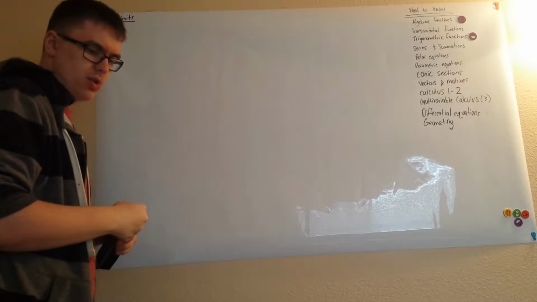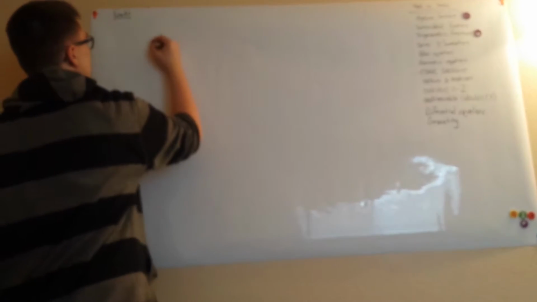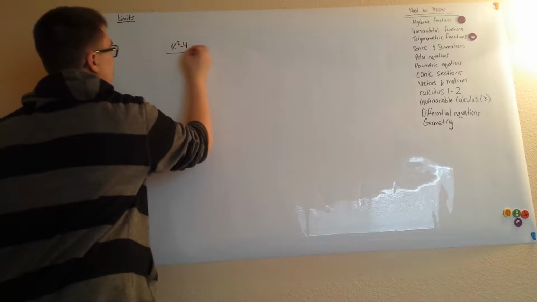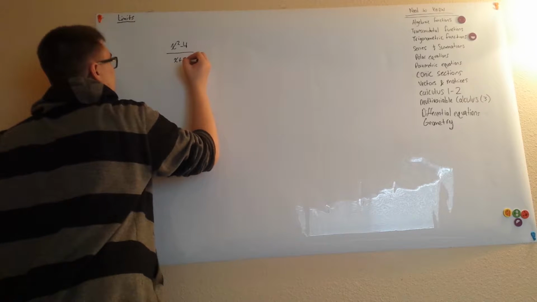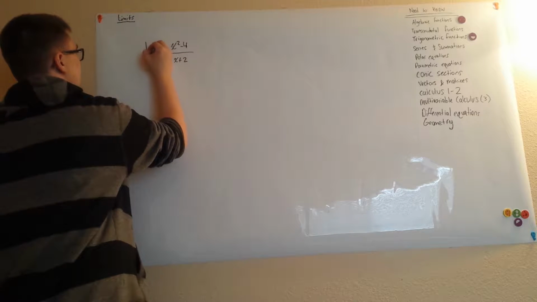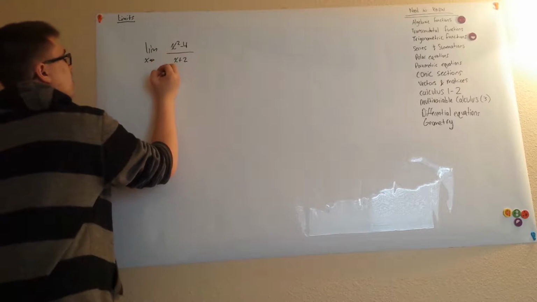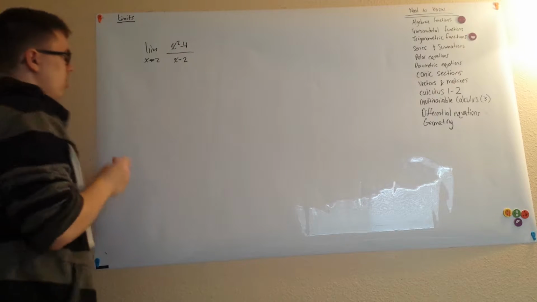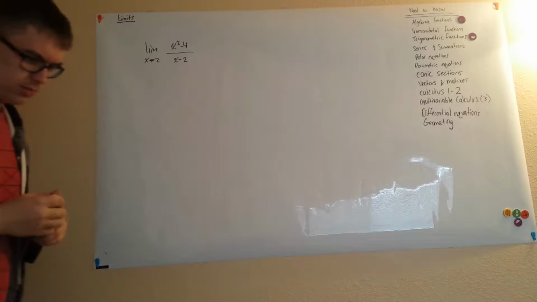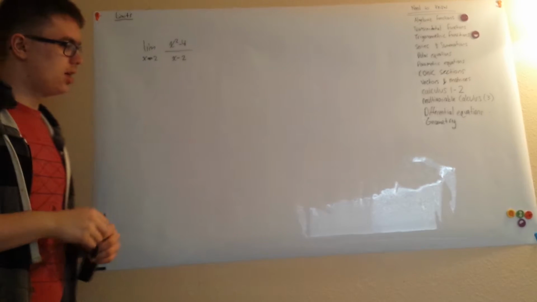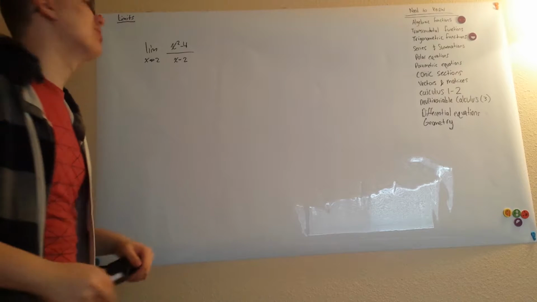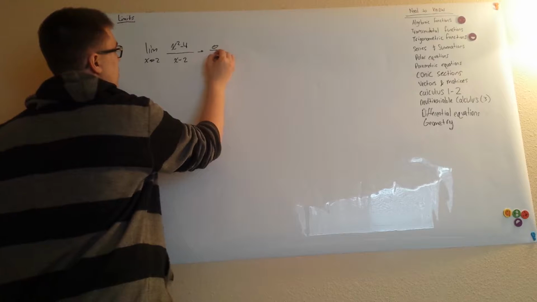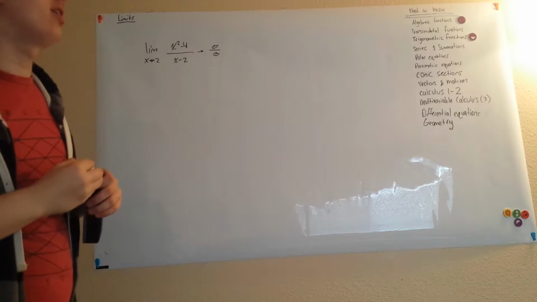So, if we have a function like x squared minus 4 over x plus 2, and I say evaluate this limit as x approaches 2, okay, plug in. You get 0 over 0. Undefined automatically.